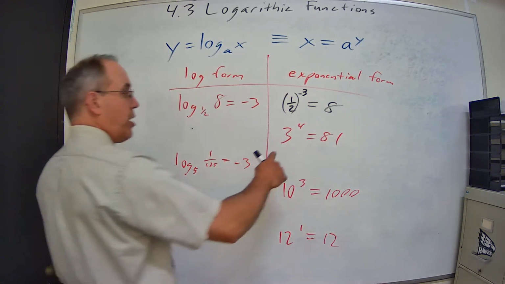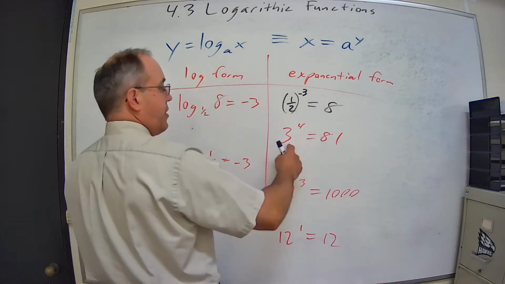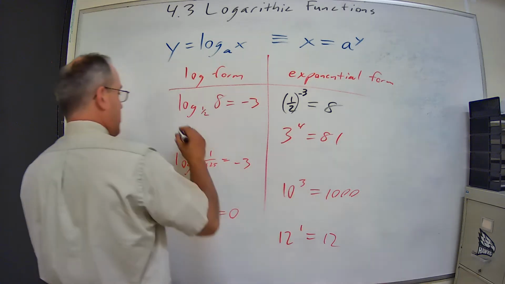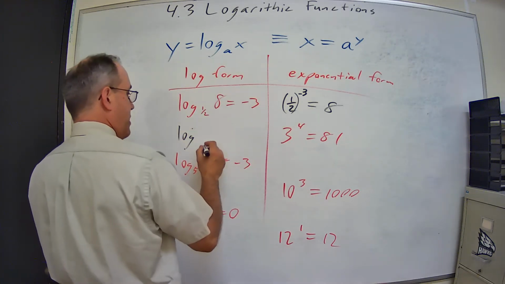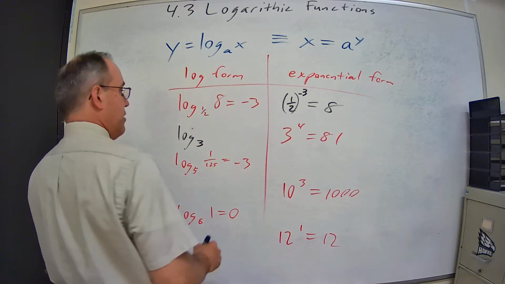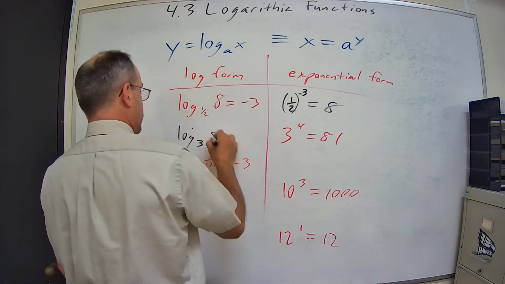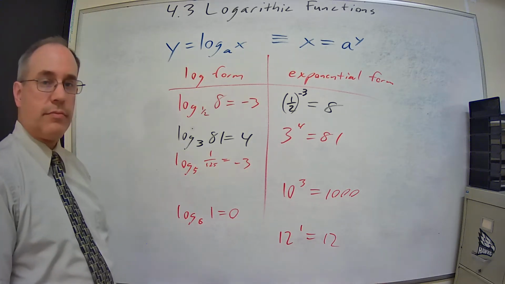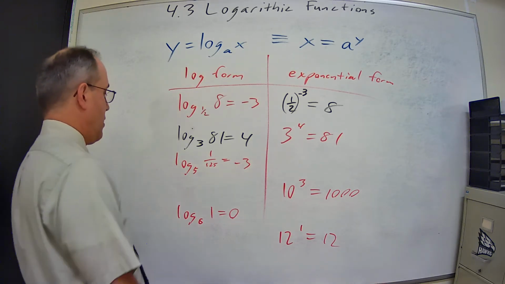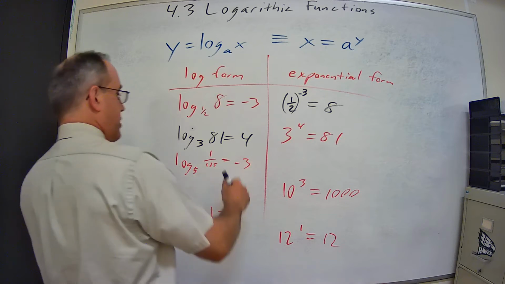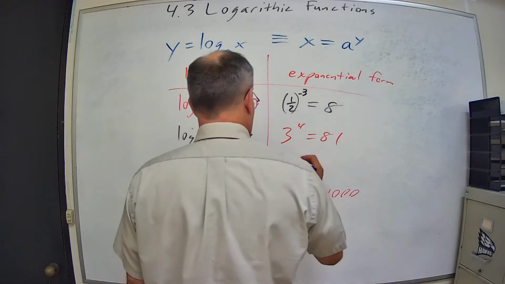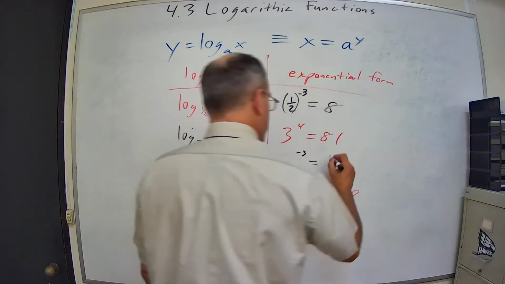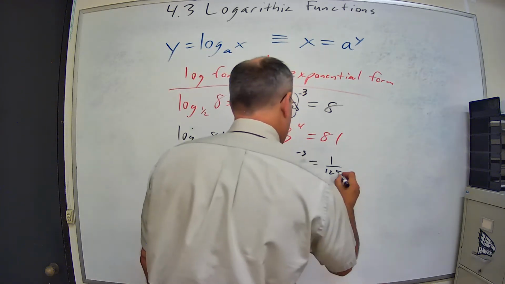So that's all we're doing. Come over here, we have a to the y is equal to x. So log base a of x is equal to y. So 5 to the -3 is equal to 1 over 125.